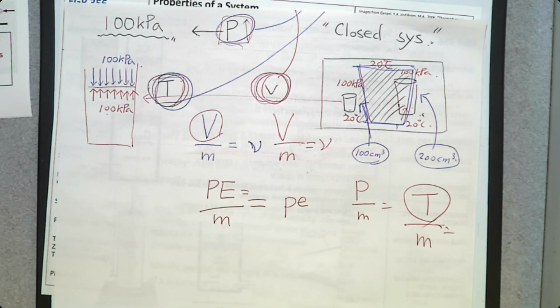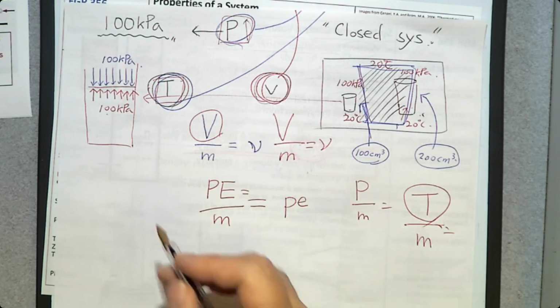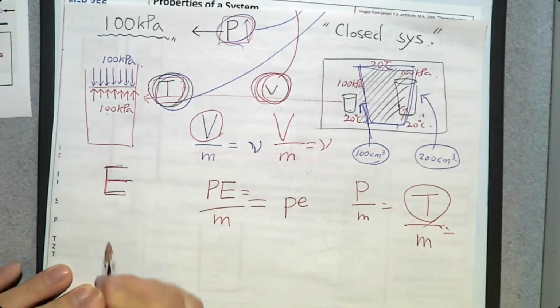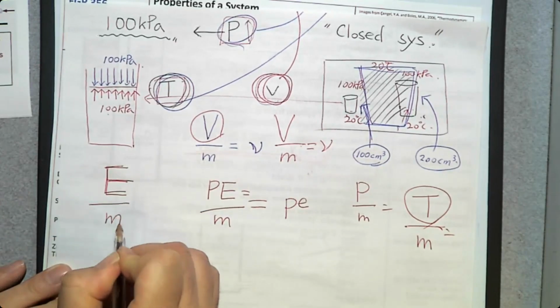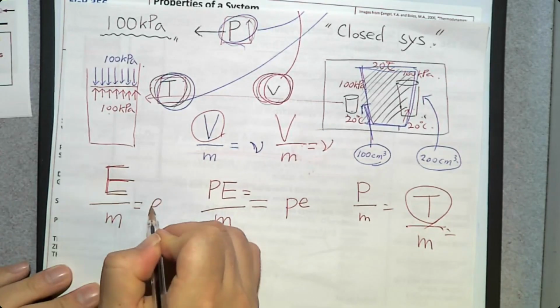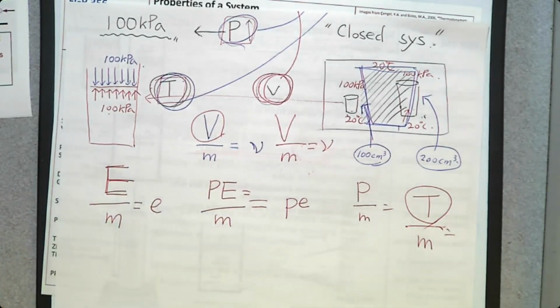And just to distinguish the actual property and specific property, we use the lowercase of the actual property to show that we need a specific property. So if you have energy, capital E, if you divide by mass, then it's going to be specific energy, lowercase e, energy per unit mass.